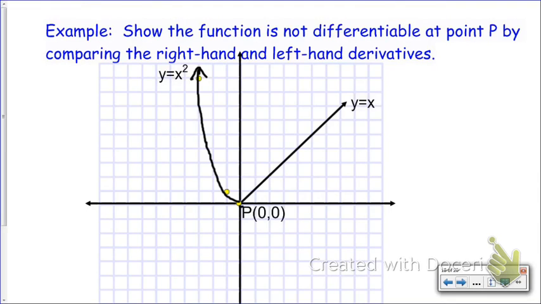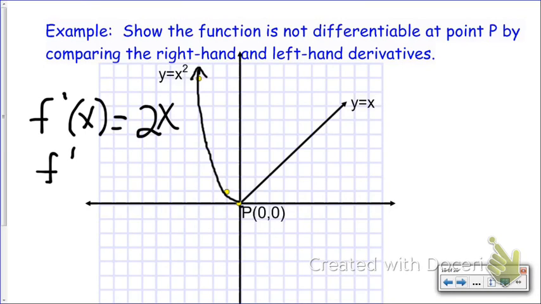Here's an example of some functions that we've been working with already in class, and we can show that the function is not differentiable at point P by comparing the right and left hand derivatives. So if we recall, the derivative of x squared is 2x. At 0, the slope, or derivative, is 0.